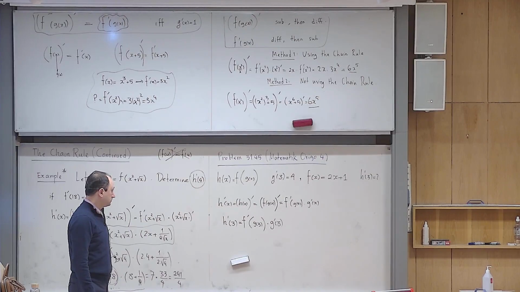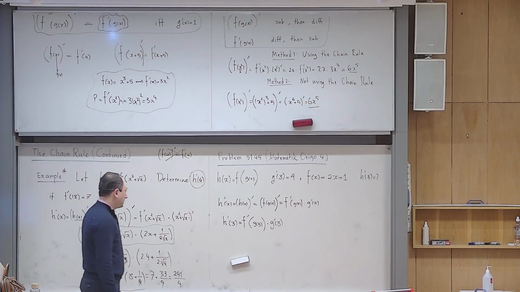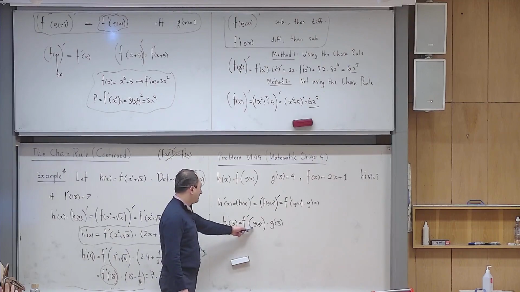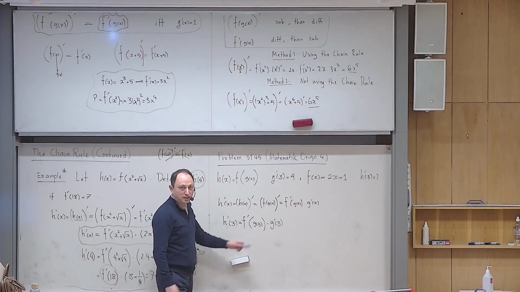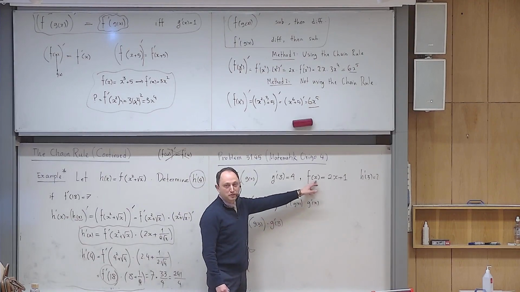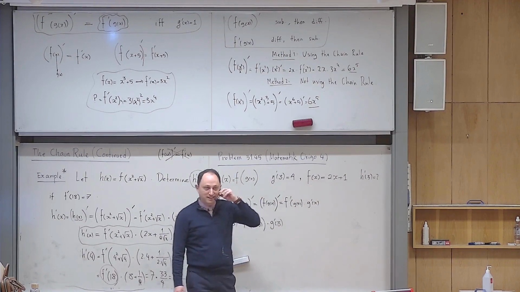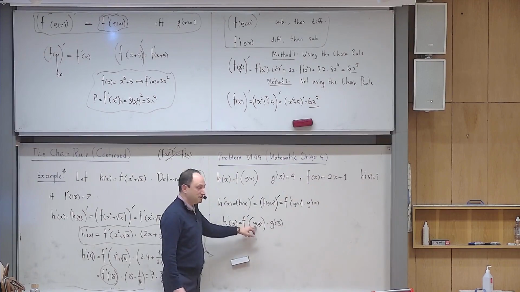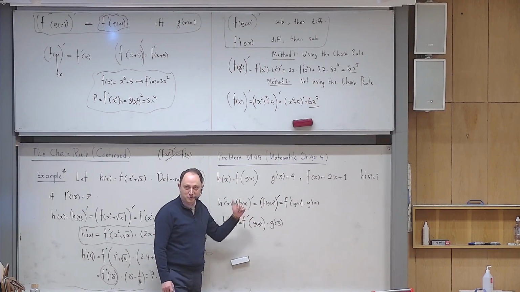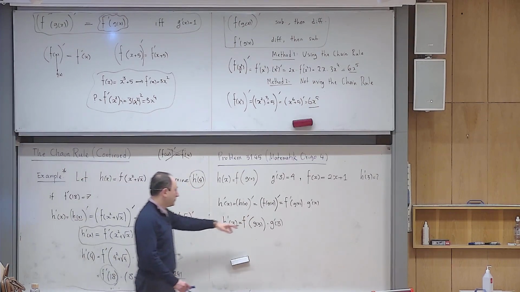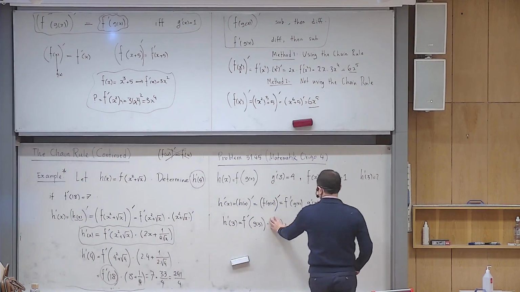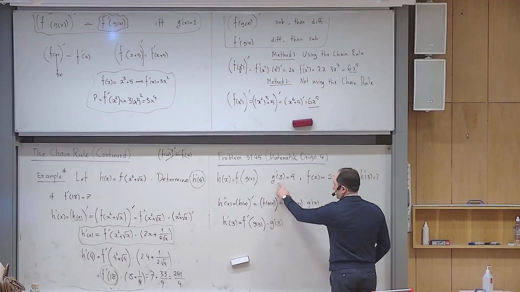But I don't see the value for g of 3. But the point is that we don't need it. I was confused here. The reason is that they have given you this function so simple that it doesn't matter what g of 3 is. That is why I was confused, because I was carrying that logic with me here. It's much simpler. So g prime of 3 I don't have any problems with, because that's 4.